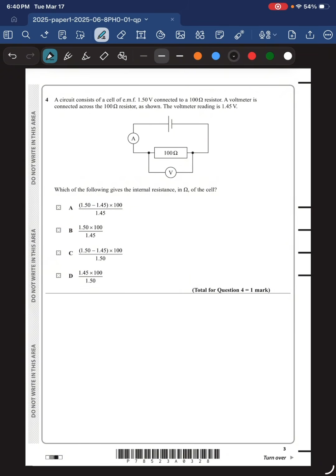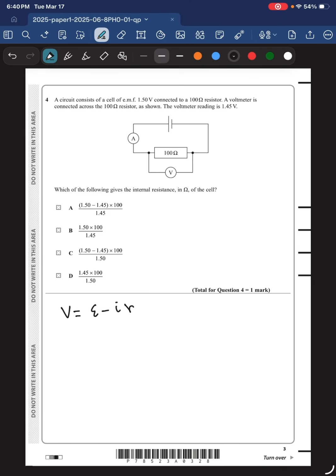Okay, so let's write down a few things. So the voltage across the terminal is equal to the EMF minus the current in the circuit times the internal resistance. Okay, and this is because power supplies have some internal resistance, right?